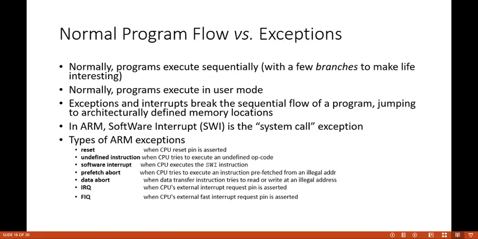So how this works is given like this. We will explore it using this comparison of normal program flow and exception. So what happens in exception? Exception is that rare situation where you have to take some different action in the program execution.